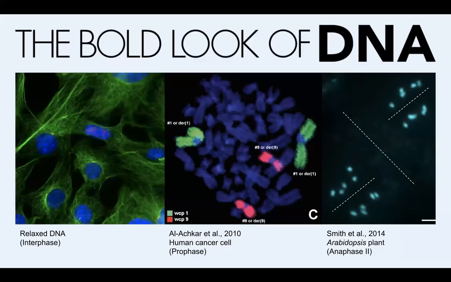So a few examples of how the DNA might look if you encountered cells. On the left hand here, this is what we typically would see inside of a cell. If you want to see these nicely packed up chromosomes, people typically have to look for cells that are in a special stage of division. You can get cells and either induce them to do mitosis or maybe catch them in the act if they're a certain kind of cell.